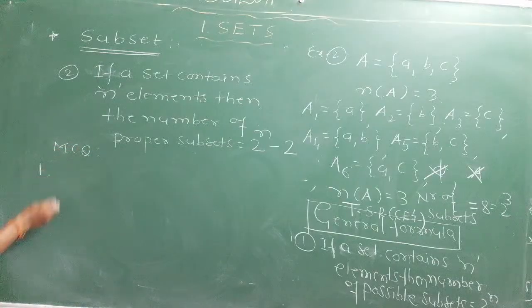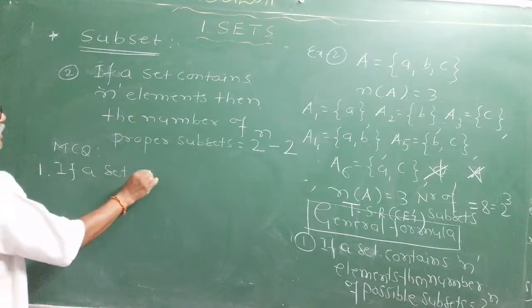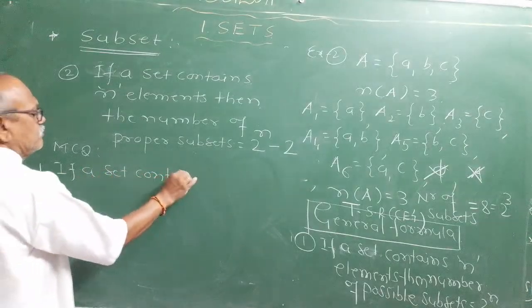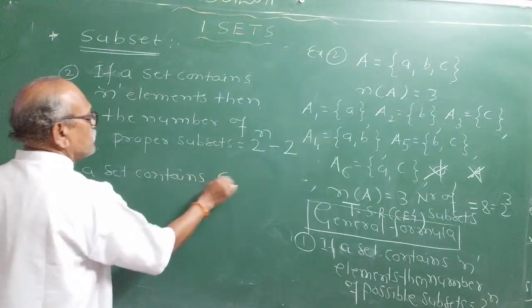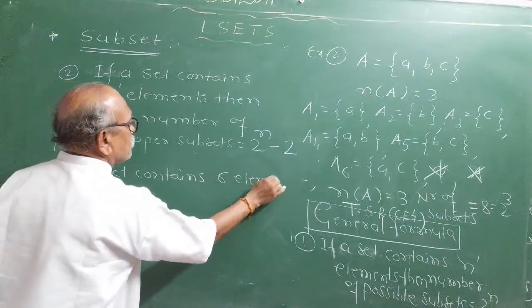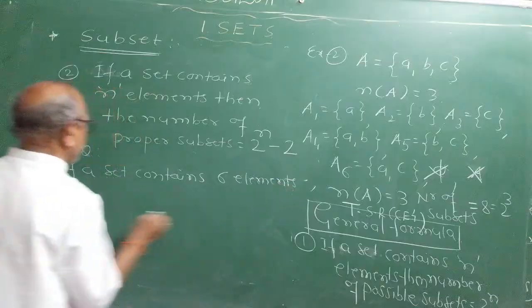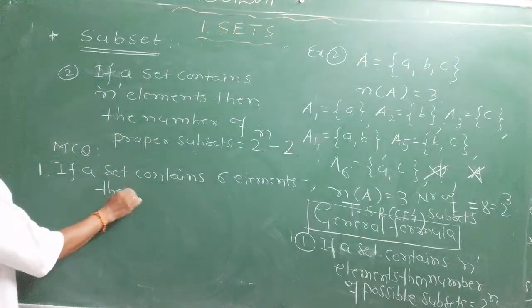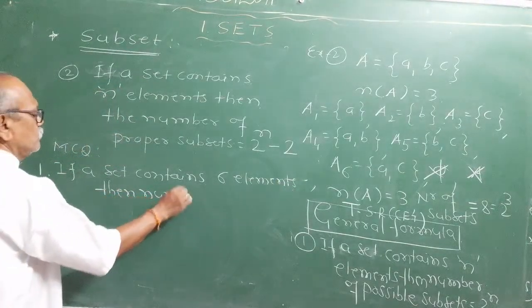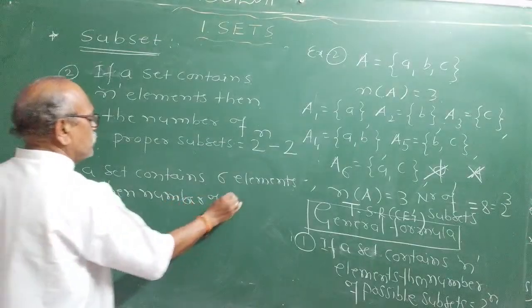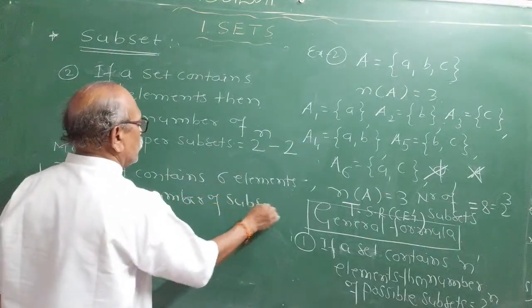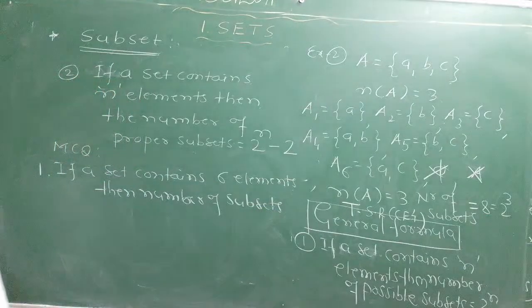in Karnataka CET. If a set contains 6 elements, then the number of subsets is equal to, along with theory you have to get ready for competitive exams also.